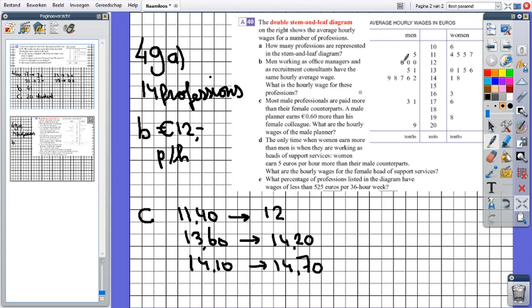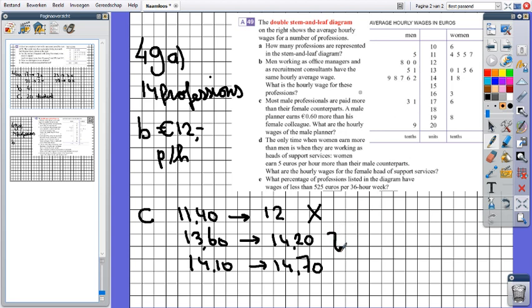Because then there should be another 0, because there are 3 jobs that earn €12. So this one is out of the question. It can't be €12 because you would have an office manager and a recruitment consultant and a planner that all earn €12. And at B we already said that those 2 are accounted for.